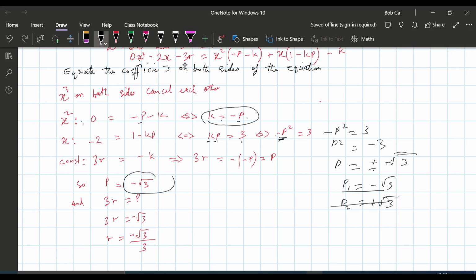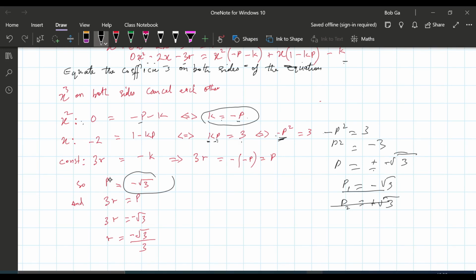On the right hand side we did the same thing: this term has x squared, this term has x, and this term doesn't have x, so this is the equivalent of c. So the equivalent of c on the left hand side, negative 3r, must be equal to the equivalent of c on the right hand side, which is negative k.